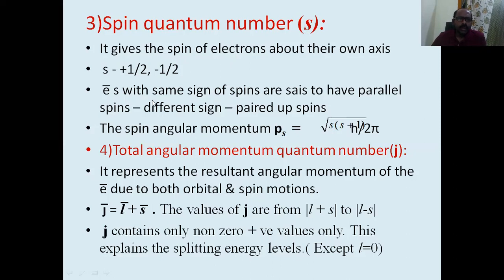Electrons with the same sign of spins are said to have parallel spins.